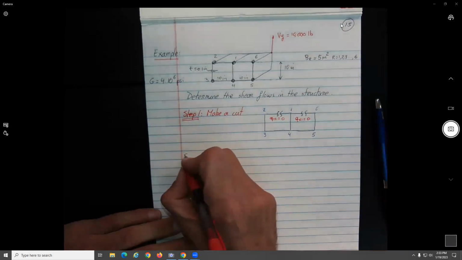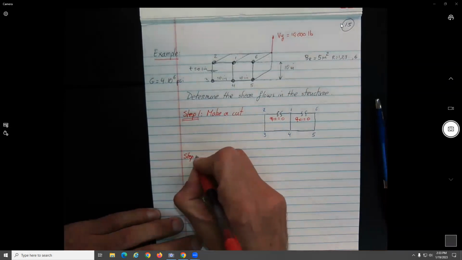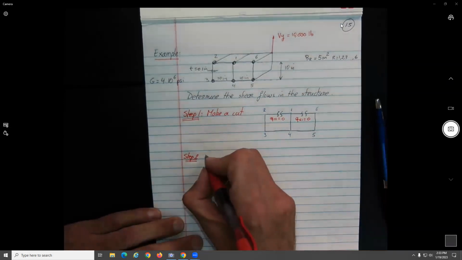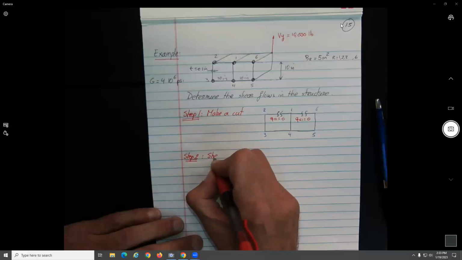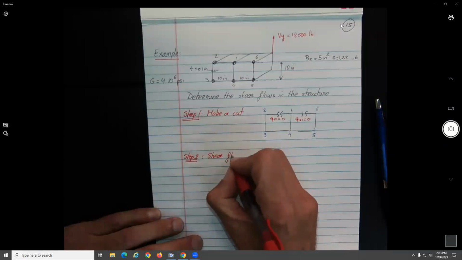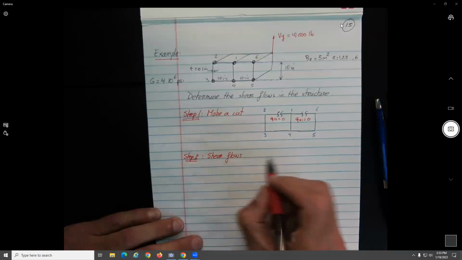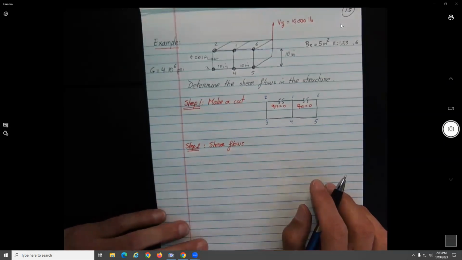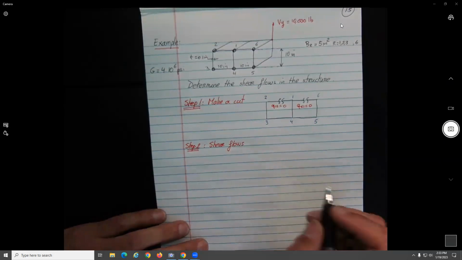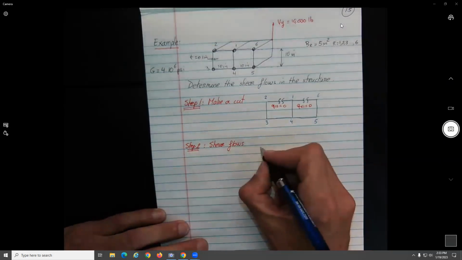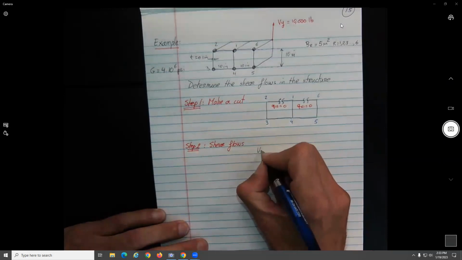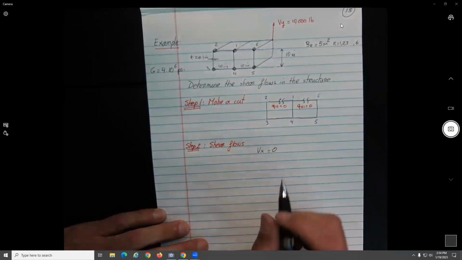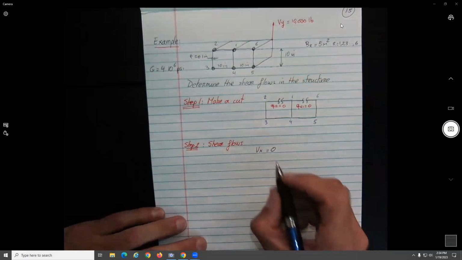Step 2. Now we can calculate the shear flows with the equation I gave you before. In this problem, we have Vx equal to 0. We only have a Vy.